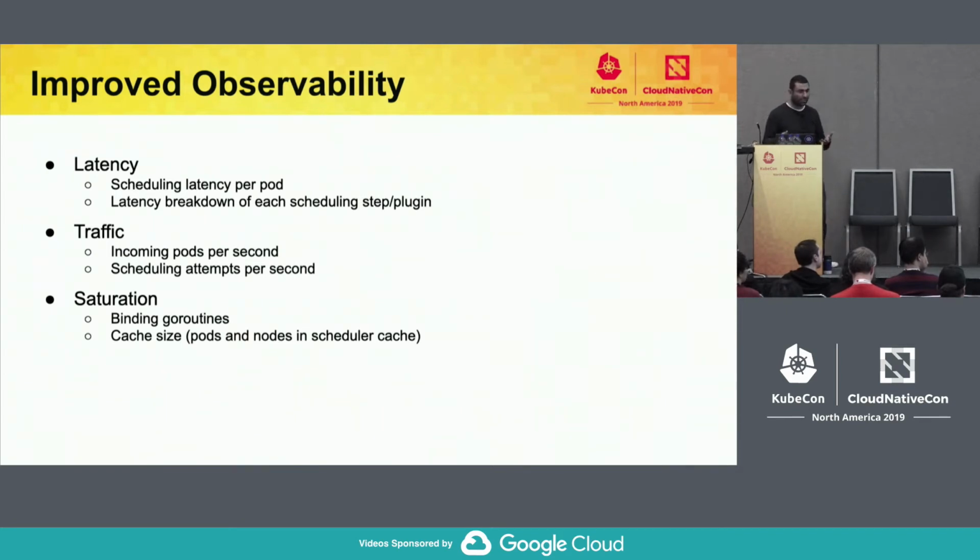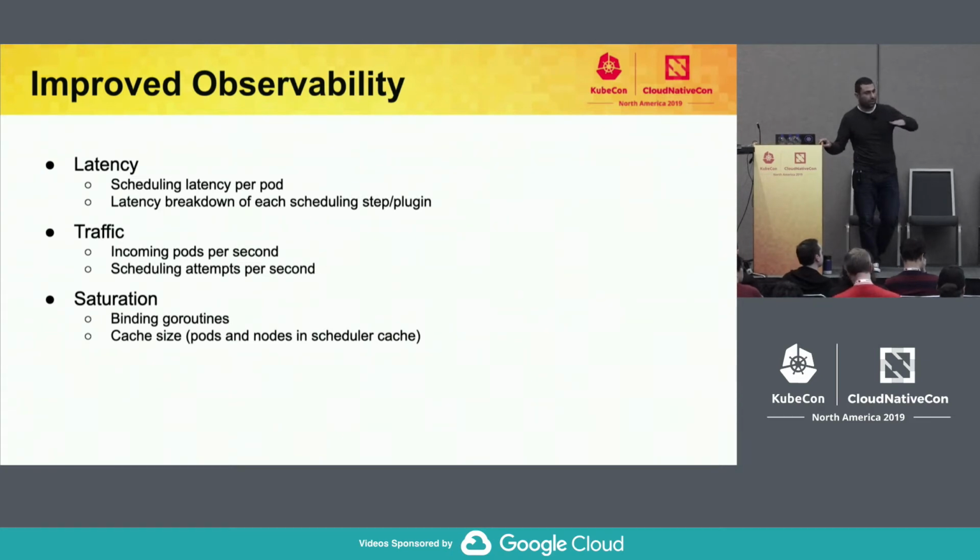Saturation, again, is related to how much resources the scheduler is consuming in terms of number of binding goroutines that I talked about before, and the cache size. So the scheduler has its own cache even on top of the Informer cache, because we want to annotate the nodes and the pods with extra information.